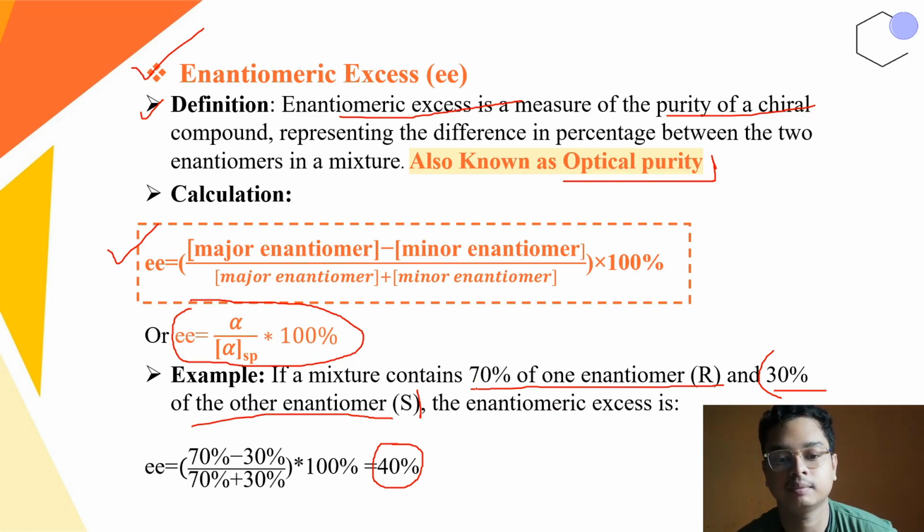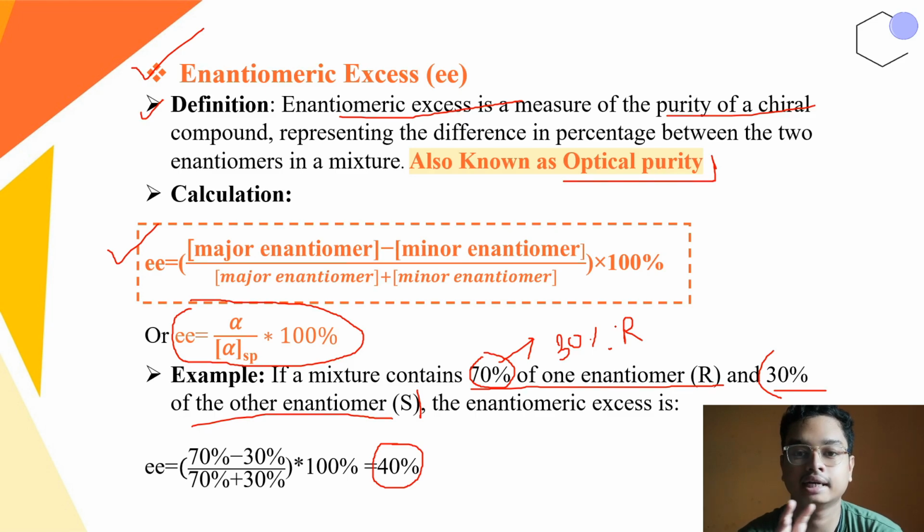Like, 70% of one enantiomer is there and 30% of the other enantiomer is there. So 30% of R out of the 70% forms a racemic mixture with the S enantiomer.